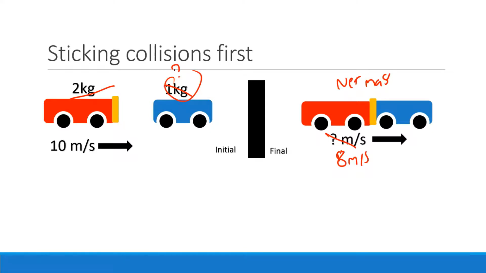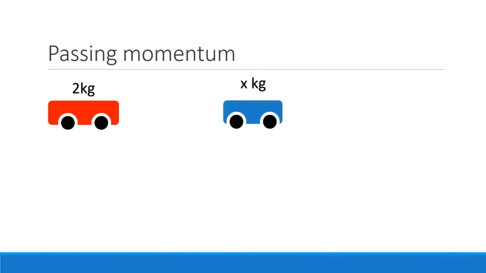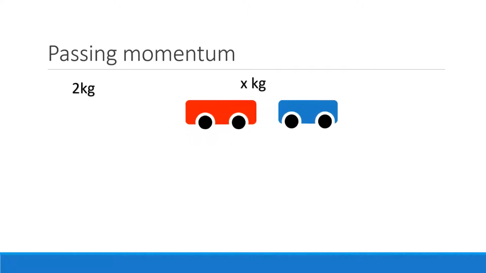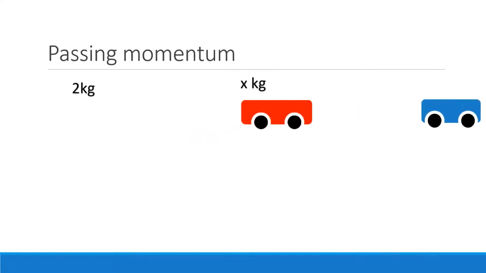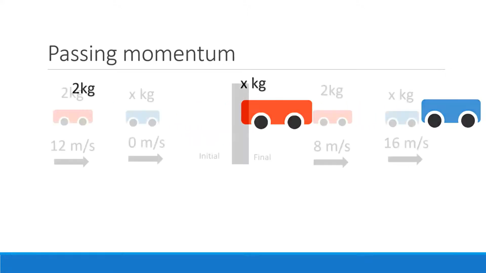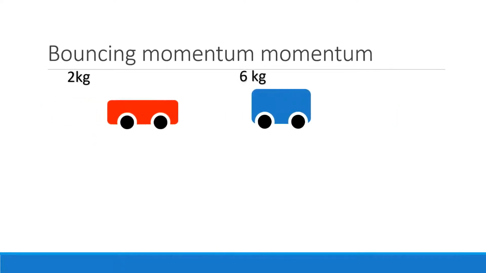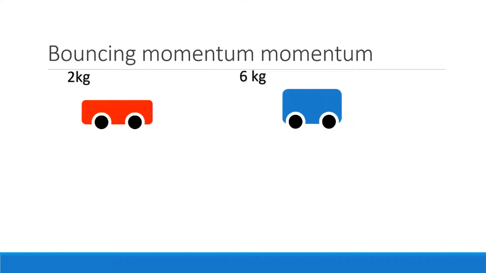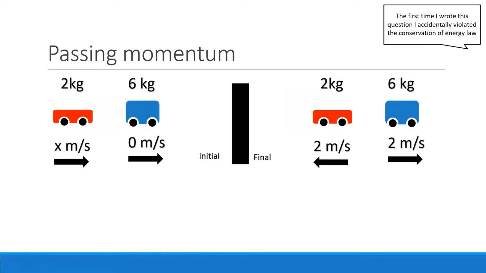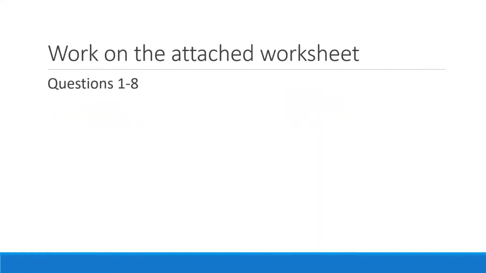That's how a lot of people did that. We did some more ones. We did what happens when momentum gets passed from one object to another. And we did what happens when objects get passed, but the other object bounces backwards instead. And that's fine too. We did those.